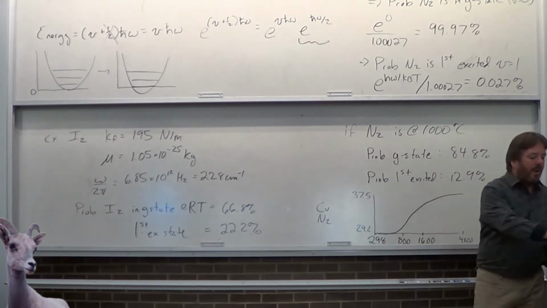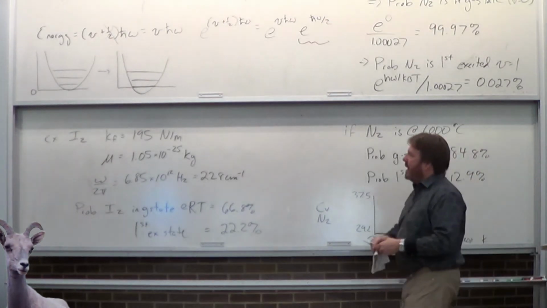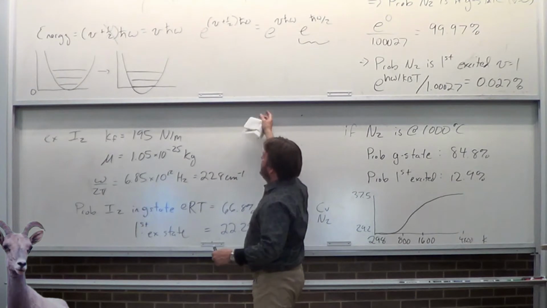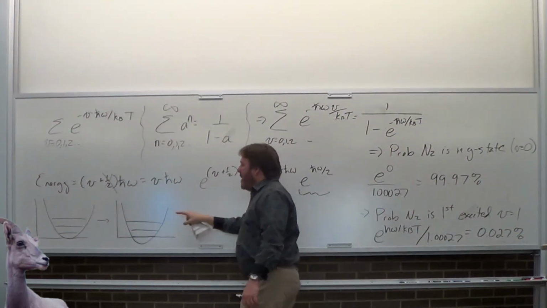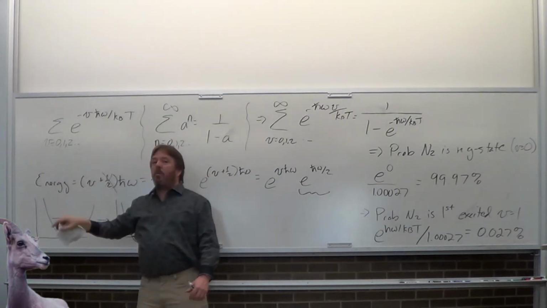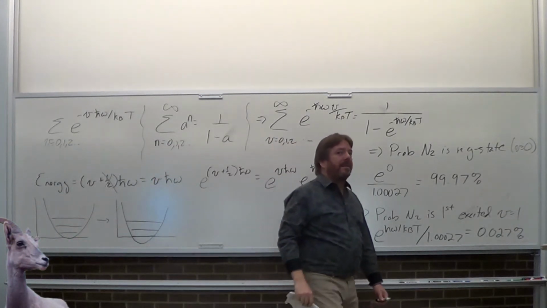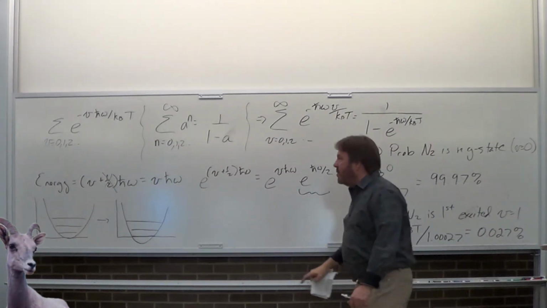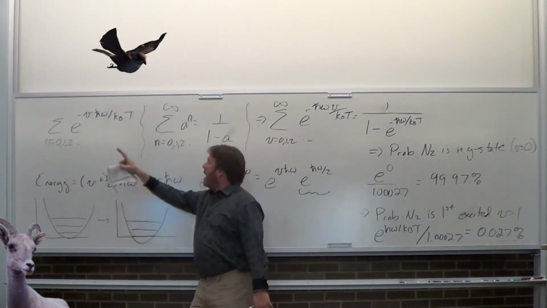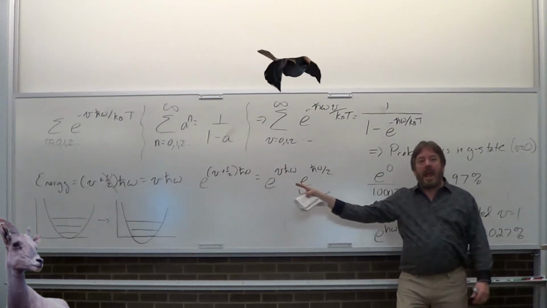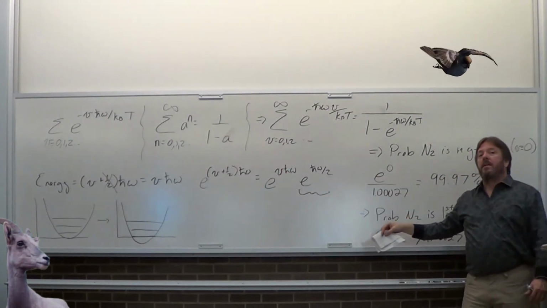Okay. Anyway, I just wanted to point out that these types of questions mix quantum in your Maxwell-Boltzmann, right? All you've got to do is have some energy equation and an identity, and you can do the last question.